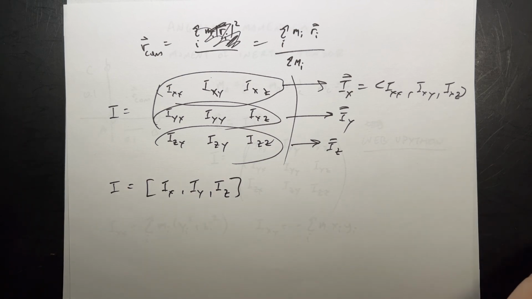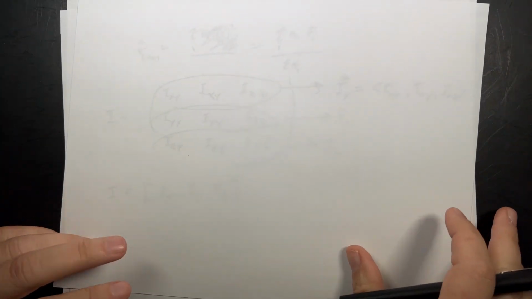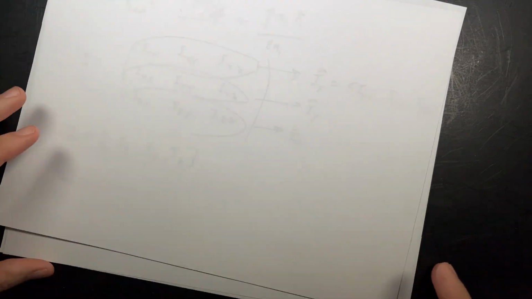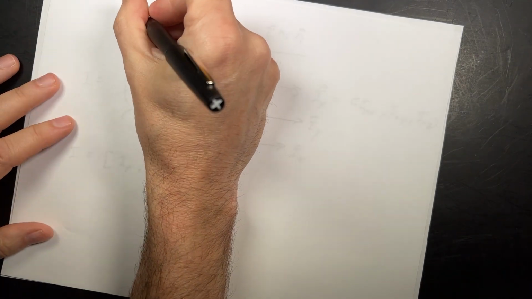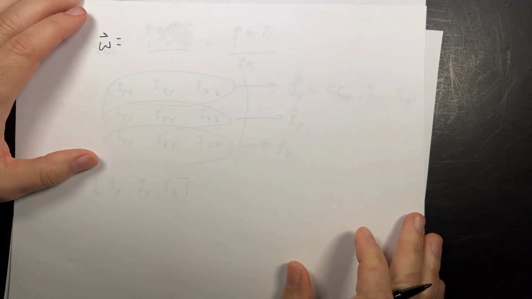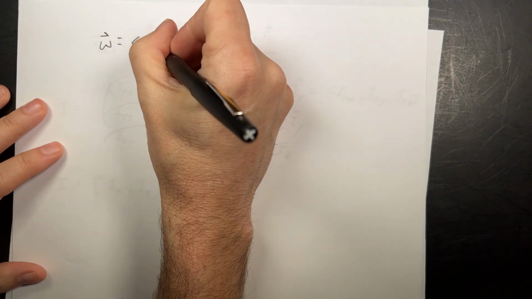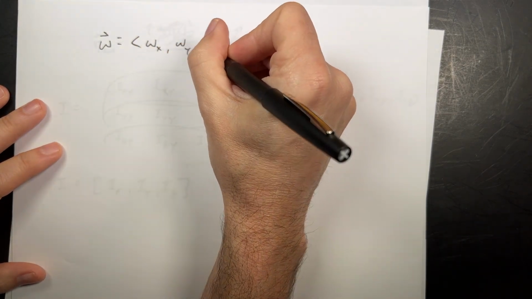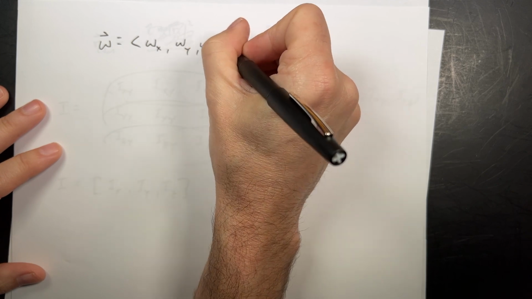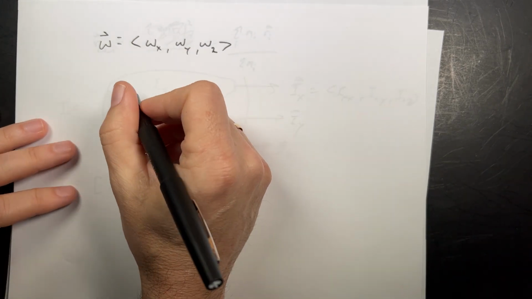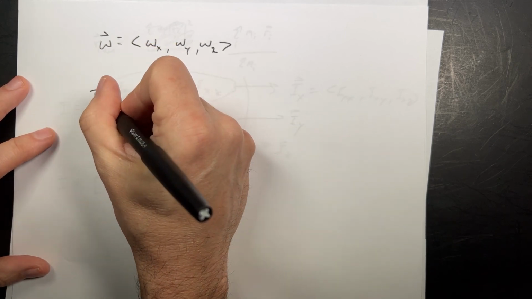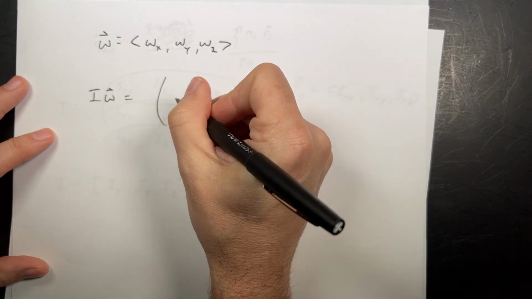So let's take what we want to do. So here's I want to do this operation. So let's say omega is the vector omega x, omega y, omega z. It's got 3 components. And I want to operate that on I. So here's my I omega.